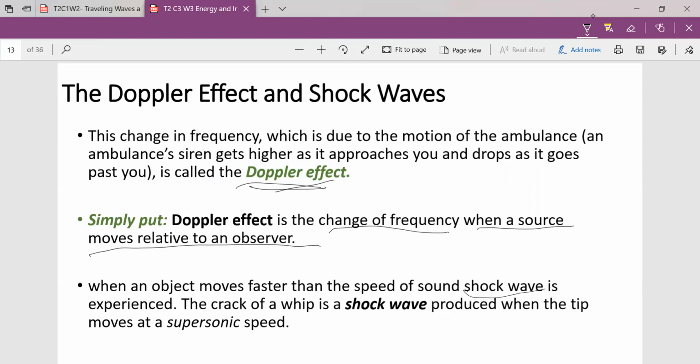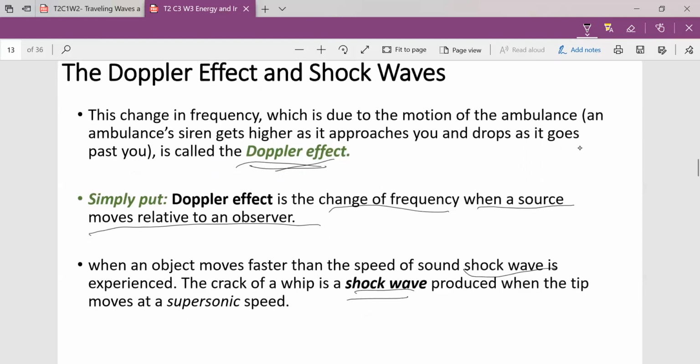When that happens, that system experiences what we call the shock wave. And that's what we see when you crack a whip and it produces, from the tip, supersonic speed. We will look at the shock wave again, but simply, a shock wave happens when the source or object is moving faster than the speed of the wave produced.